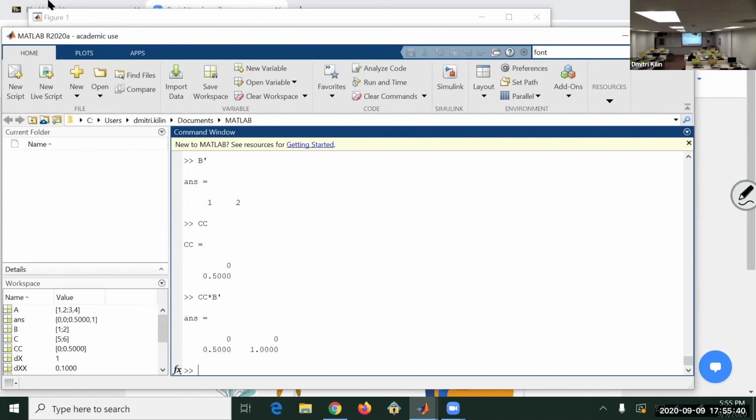But now our row is very short, our column is not very tall. But we still practice row by column. So 0 times 1, 0 times 2, 1/2 times 1, or 1/2 times 2, right? So by swapping the order of this row and column, one is getting a matrix.